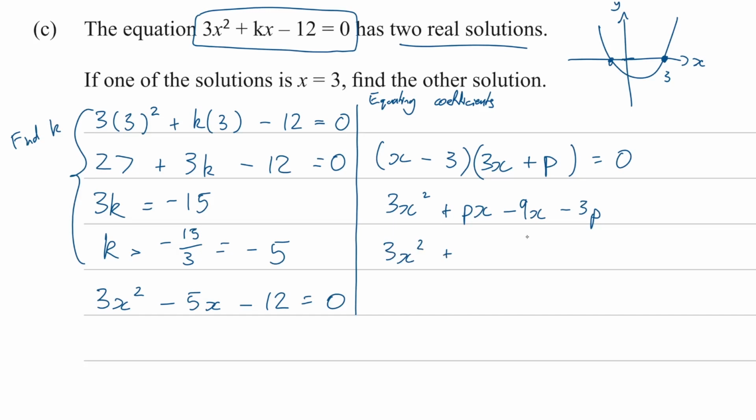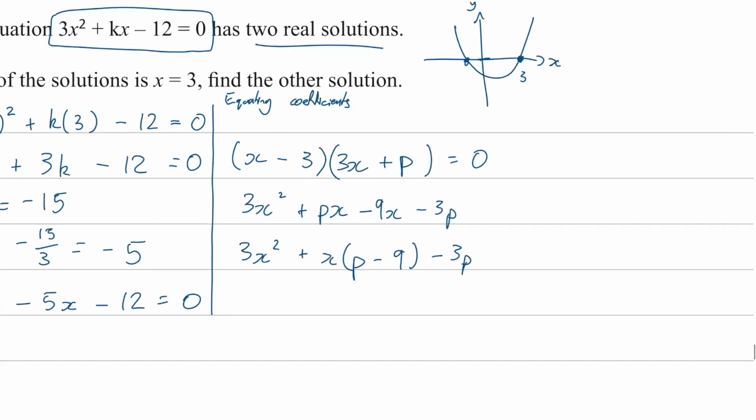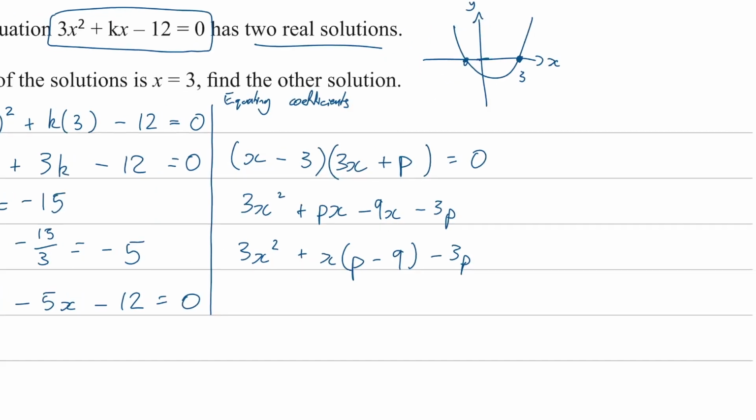So the x's, right, would be x times p minus 9, and then minus 3p. Now, this expression is actually equal to our original function, right? So we say equal to 0, but 0 is also equal to 3x squared plus kx minus 12.